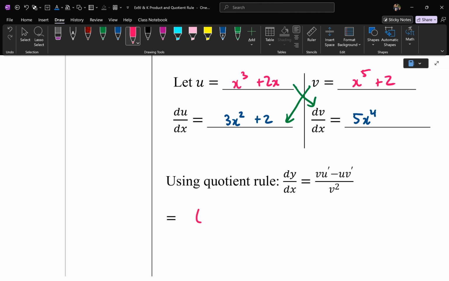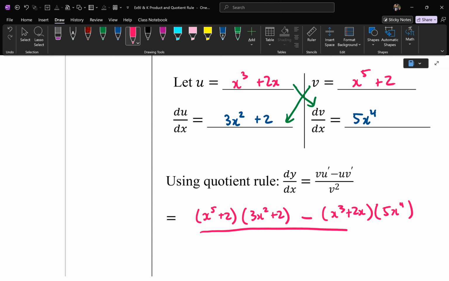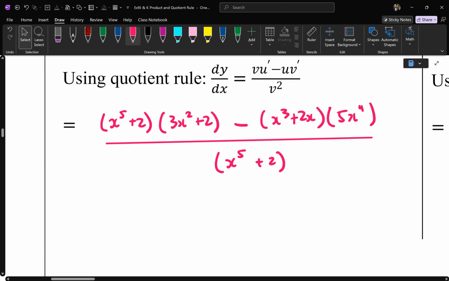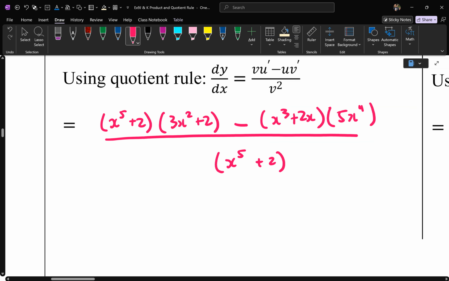You should have x to the 5 plus 2 multiplied by 3x squared plus 2, take away U, which is x cubed plus 2x, multiplied by V dash, which is 5x to the 4, all over V squared. So that's probably how I would write it.